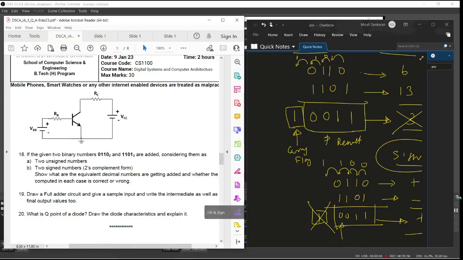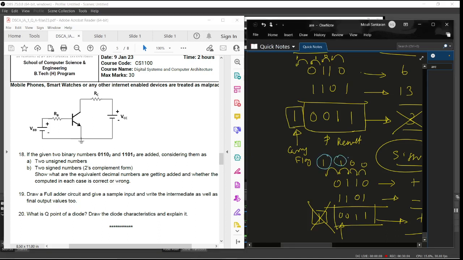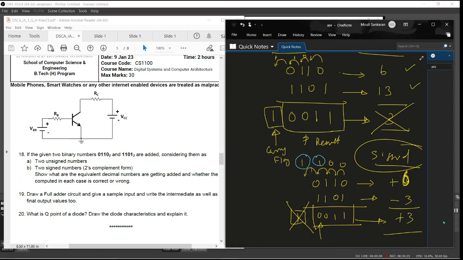So we have to look at these two carries. When we are performing a 4-bit addition, here we are assuming that the ALU is 4-bit. If you need to find out whether the given answer is correct or not as far as signed numbers are concerned, which is plus 6 minus 3, there are two carries.